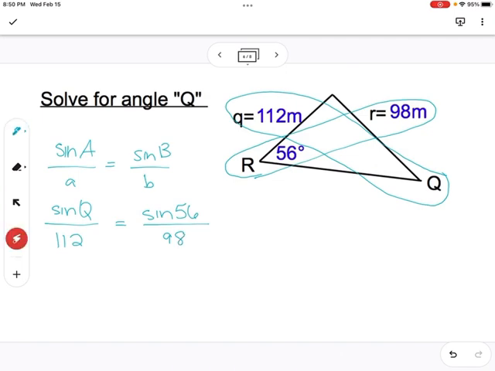Okay. To get sine Q by itself, we have to divide by 112 on this side, bring it to the other side and multiply. So sine Q equals 112 times sine 56 divided by 98.